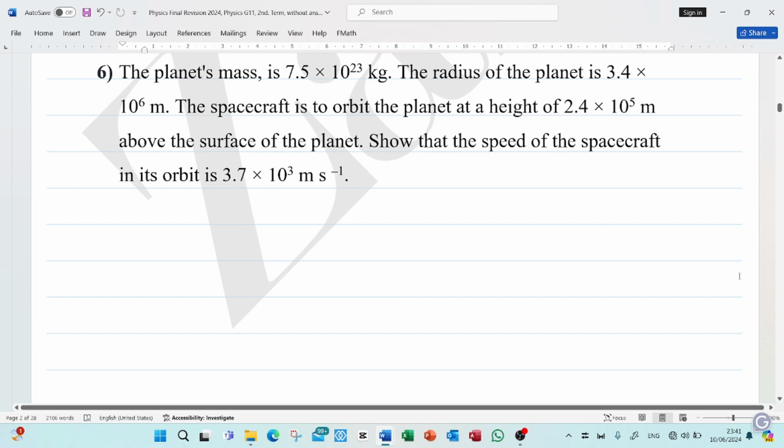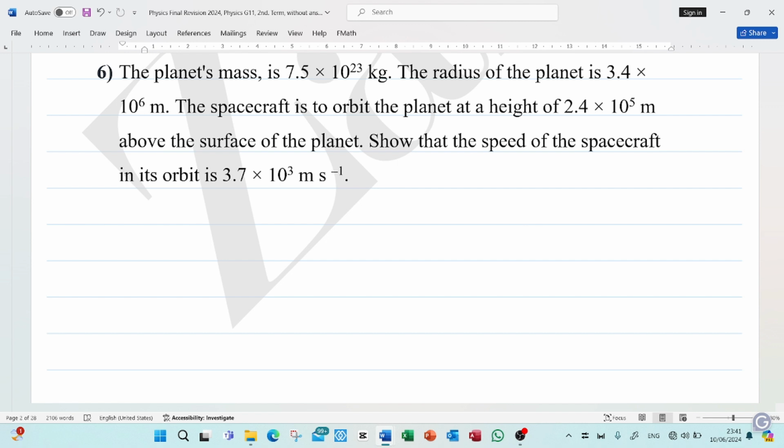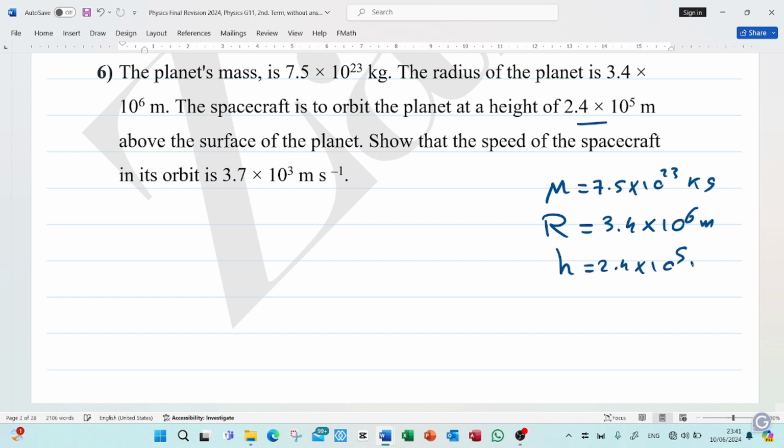Planet's mass is m. Radius of planet is R. The spacecraft is in orbit around the planet at a height above the surface. We need the speed. Now, what are the givens here? We have M capital, 7.5 times 10 power 23 kilogram. And we have the radius R capital, 3.4 multiply 10 to the power 6 meter. The spacecraft orbits the planet at height h equals 2.4 times 10 power 5 meter.